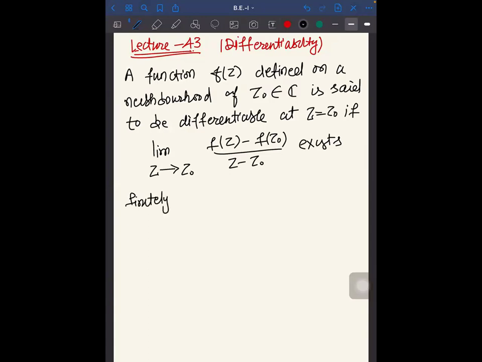And if it exists, then we'll write it as f dash at z naught.